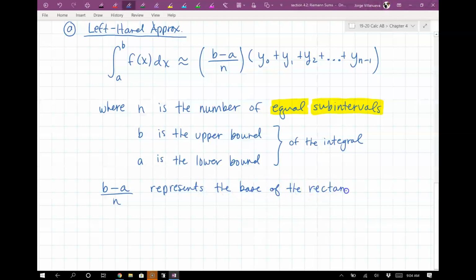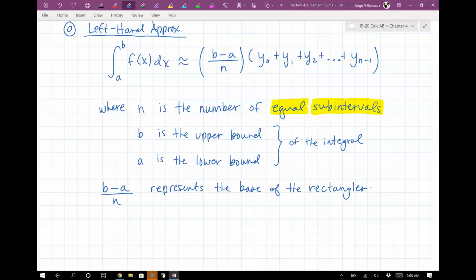So if you want to figure out what is the size of the base of the rectangles, you do b minus a over n. Okay? Now when we do trapezoids, it's actually going to be b minus a over 2n, and that doesn't represent the base of it. That actually represents the height of it. But we'll talk about that later. But b minus a over n represents the base of the rectangles.